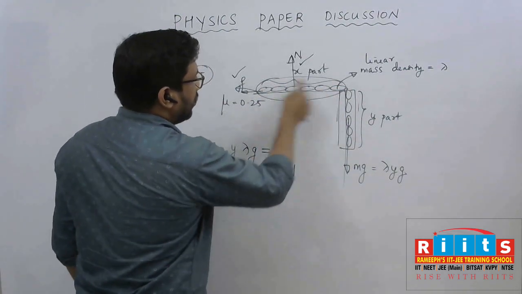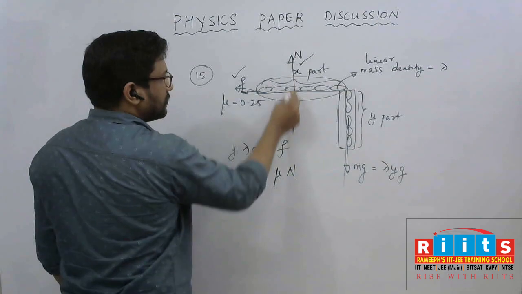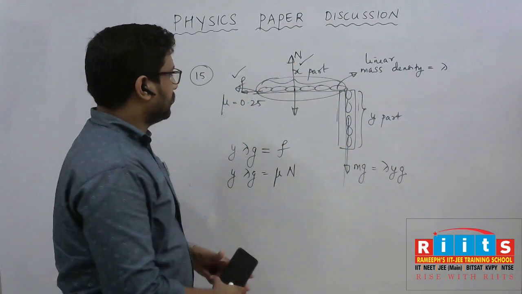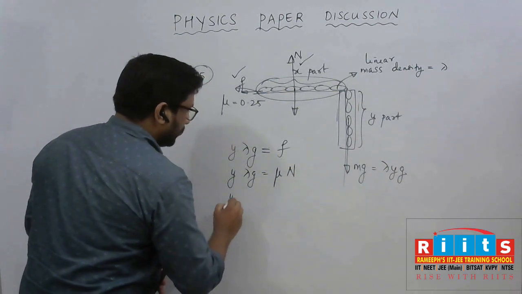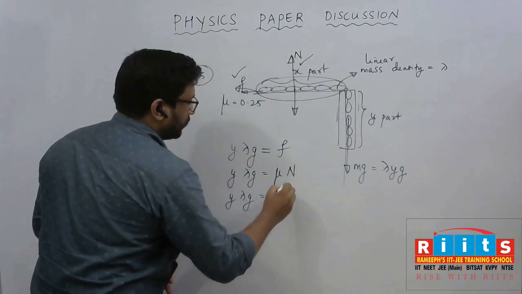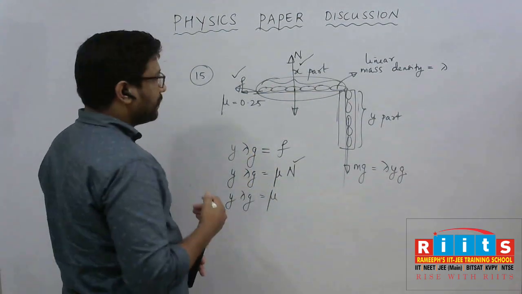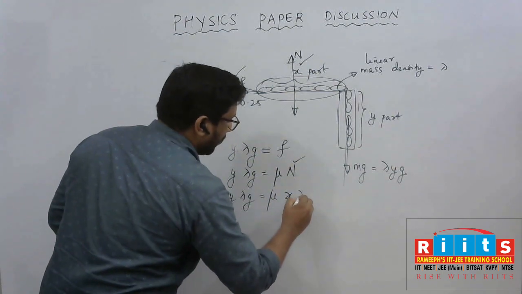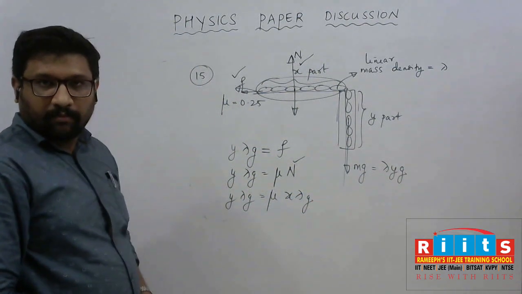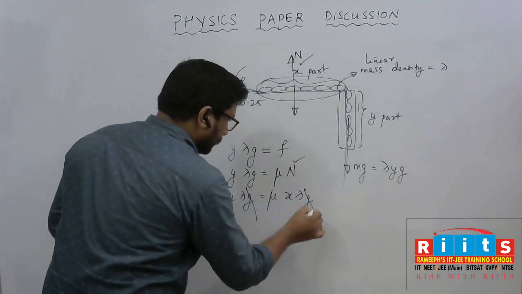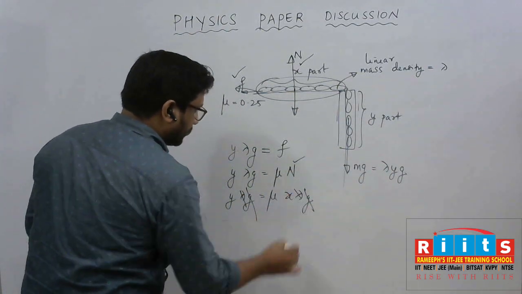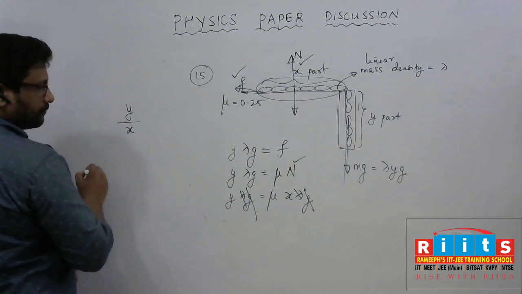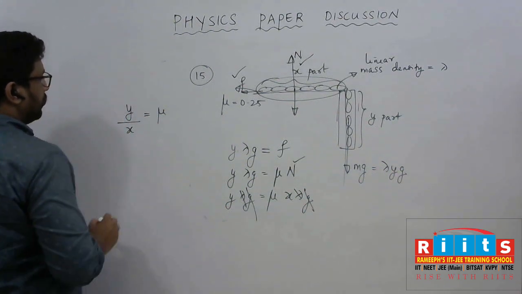This part provides the weight that balances the normal reaction, and that is x into lambda into g. So you can cancel these terms, lambda also cancels. Ultimately you get y by x is mu.